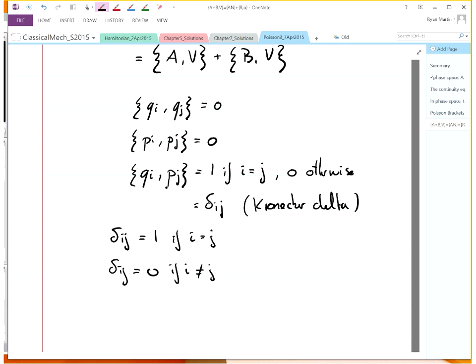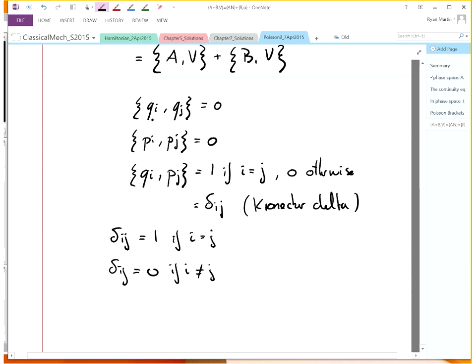So you can kind of see how in quantum mechanics you have the position operators. They commute with the momentum operators of all the other coordinates except themselves, and they don't commute with the momentum operators of their own position. That's very analogous to what we have here.